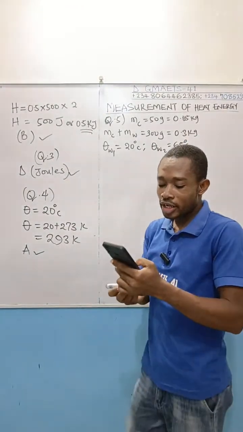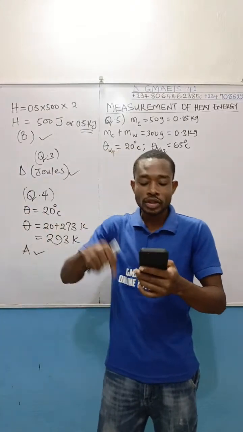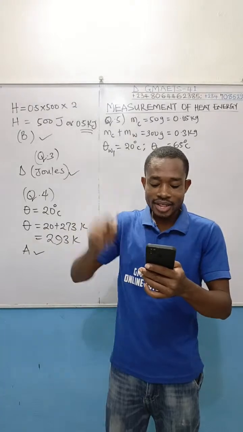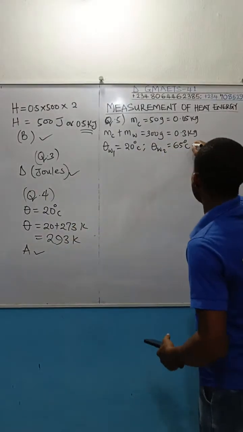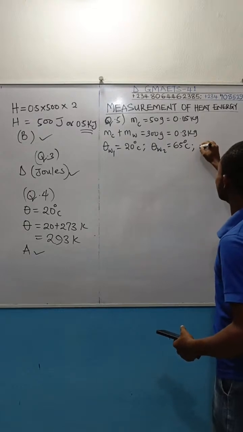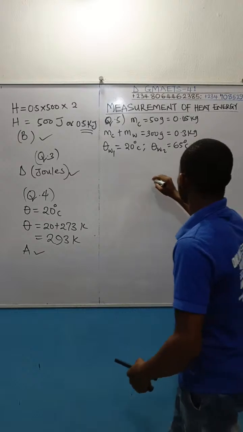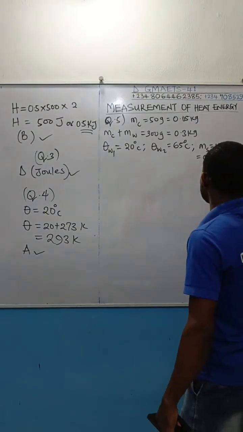The temperature increased after steam of total mass 16 gram was passed. So mass of steam is 16 gram, and dividing by 1000, you get 0.016 kilogram.